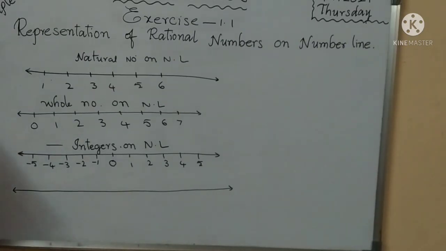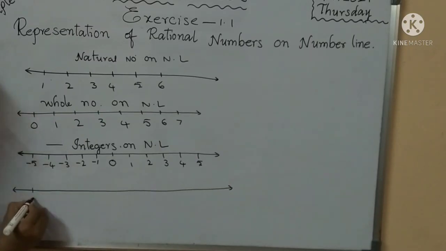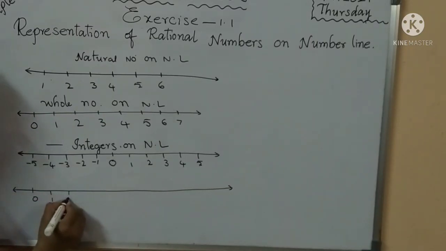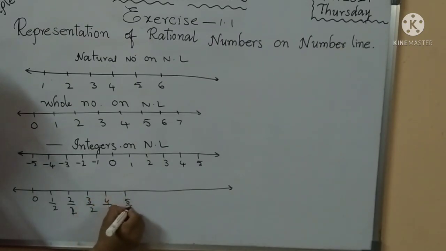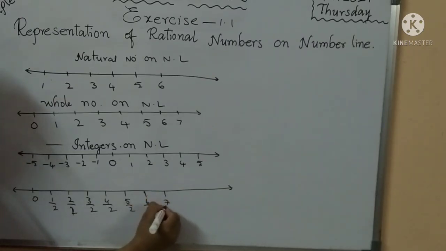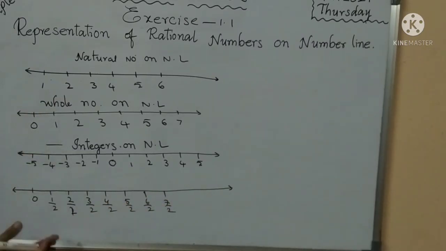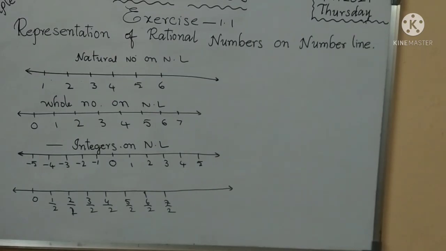Starting from 0 onwards, here 1/2, 2/2, 3/2, 4/2, 5/2, 6/2, 7/2, and negative numbers also we have to take.